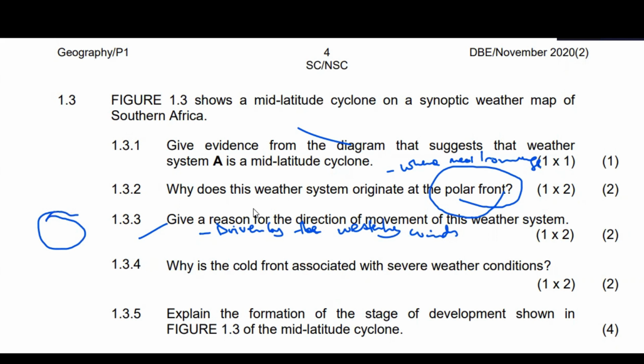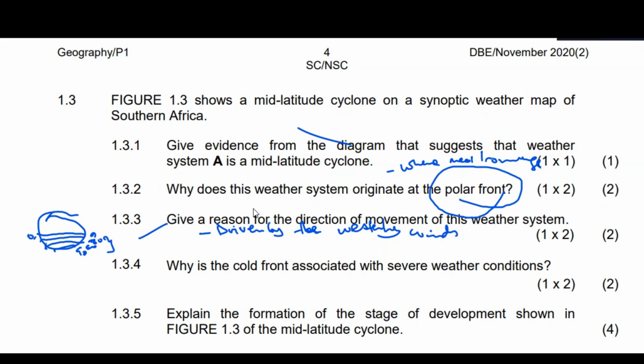And then when you divide it like so, this is the equator. Somewhere here, we have what we call the 30, and somewhere here, we have the 60. Then at the end here, we have the 90. Okay, sorry about my pen. So here is where we have the westerly belt.